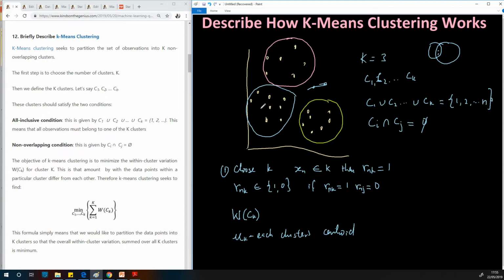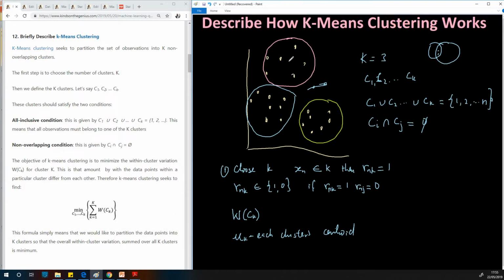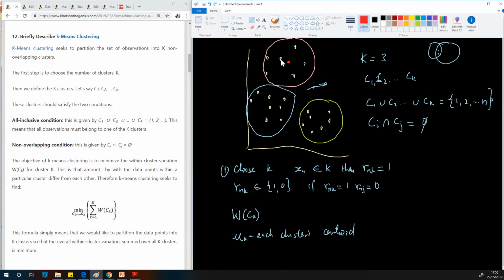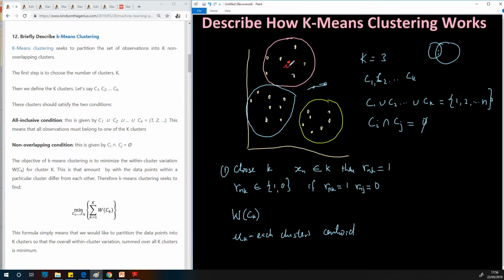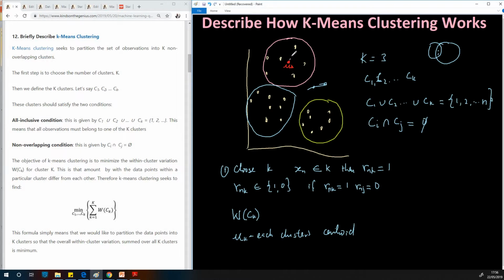So let's say we have a centroid here, then we can measure the distance from the centroid to this place, and that is going to be xn minus mu k, right? This distance is what we are trying to minimize.